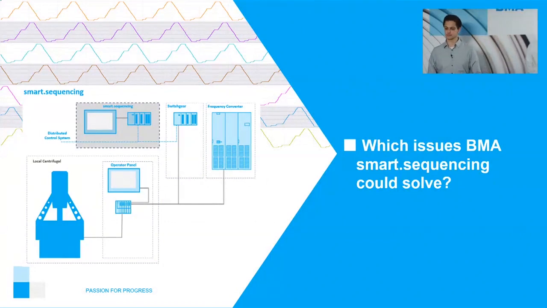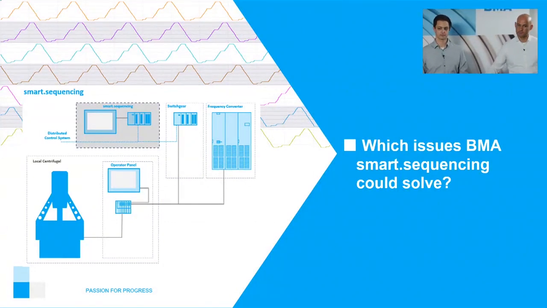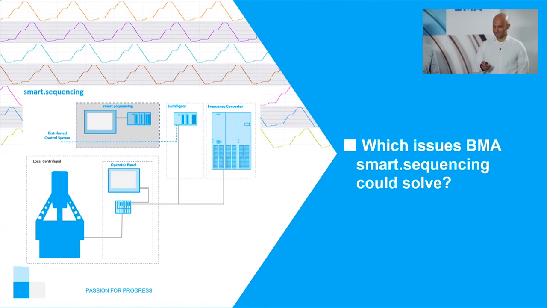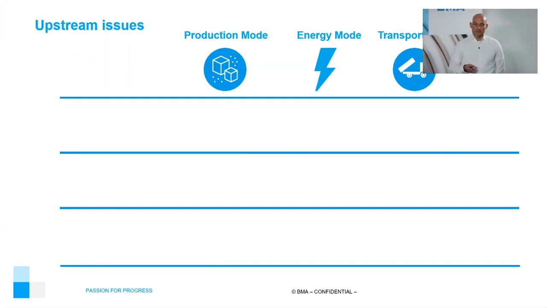All right, so the next topic then: which issues could BMA Smart Sequencing really solve? Okay, so we saw at the beginning a lot of issues that our batch centrifuges can provoke in this continuous sugar processing.